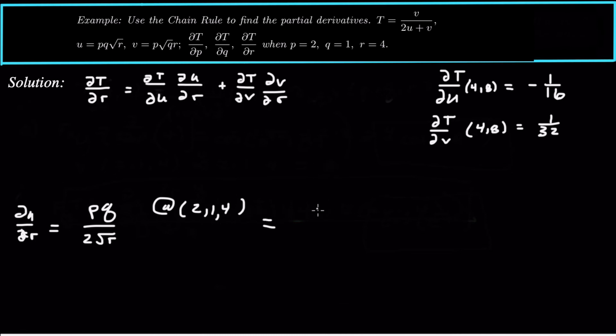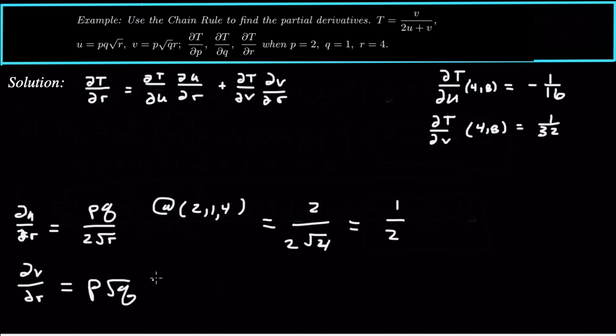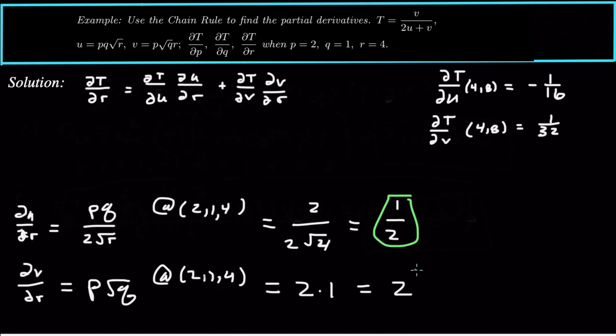And that's equal to, multiply, we get 2 over 2 square roots of 4, which is 1 over 2, so 1/2. And then partial v partial r is equal to, differentiate with respect to r, we get p square root of q. Evaluate that at the point, and we get that that's equal to 2 times square root of 1, which is 1. So this is 2. So we've got 1/2 and we've got 2.